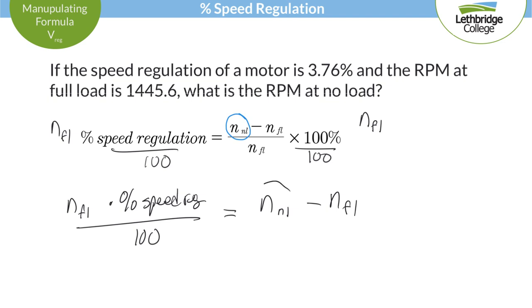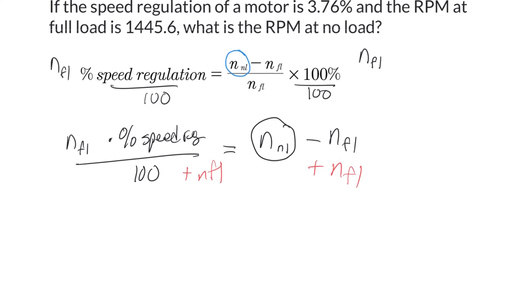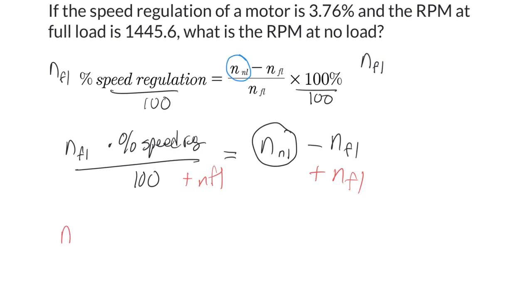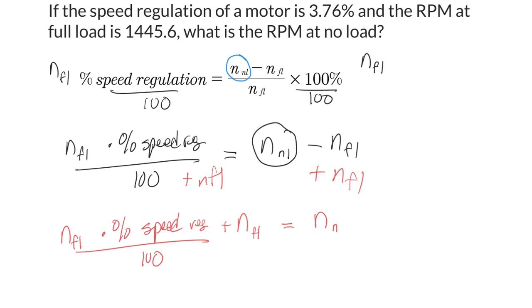And then I'm solving for this, so I'm going to add NFL on both sides. Okay, so my final formula would be NFL times the percent speed regulation over 100 plus NFL is equal to NNL.